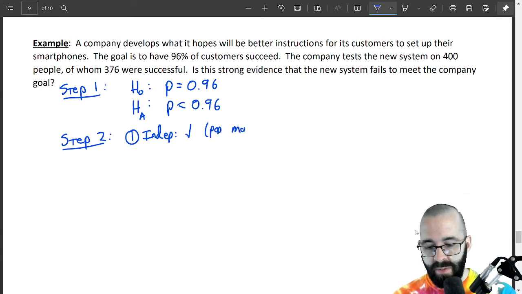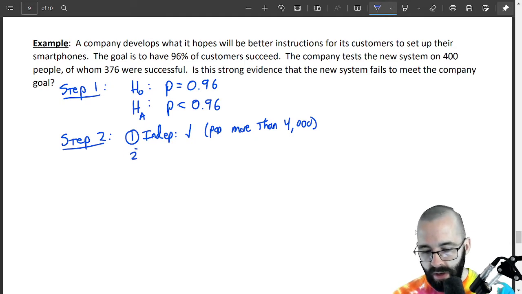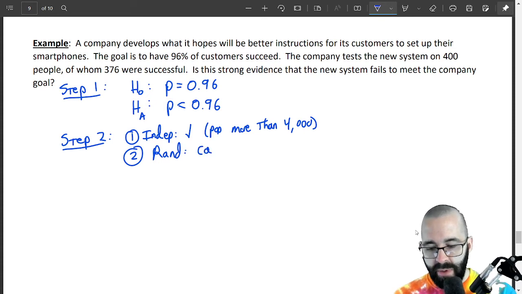For independence, we have that as long as we're less than 10% of the population. Randomization? It doesn't really specify randomness, but we're going to assume this. And success failure.